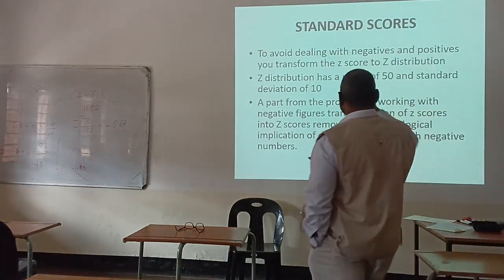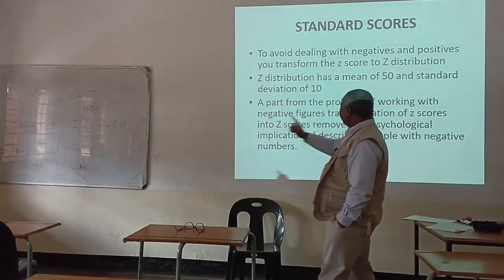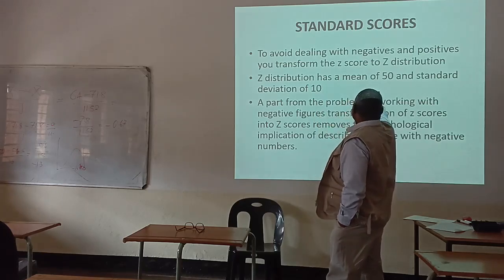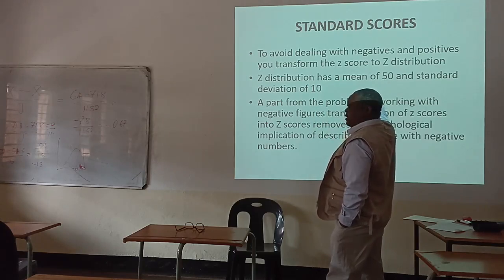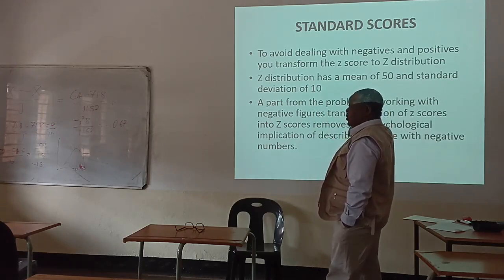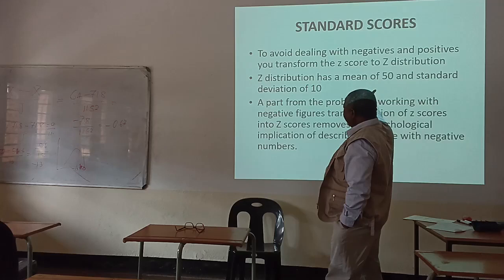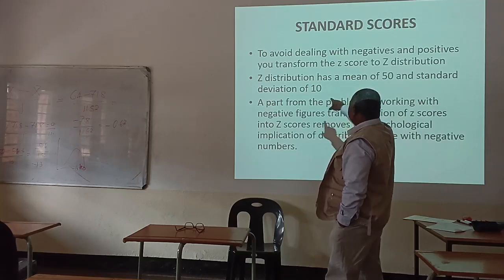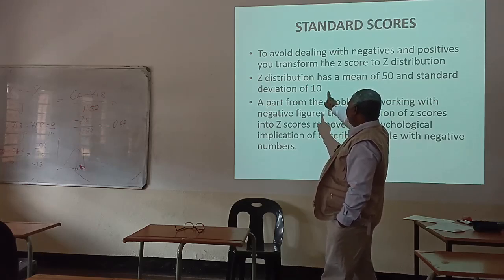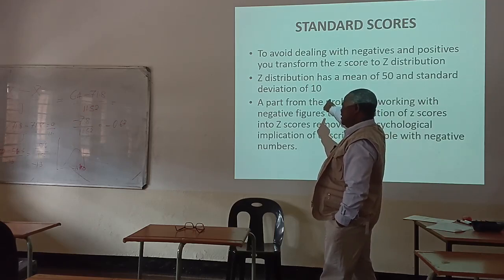In this distribution, it's the same as that one, but what they do is change the mean. Instead of it being 0, it should be 50. And the standard deviation, instead of it being 1, they just put it to be 10.